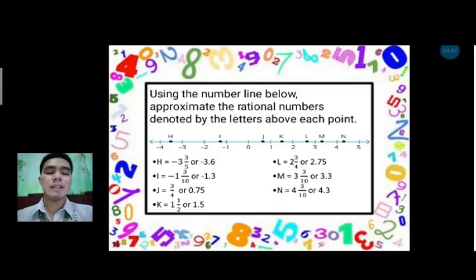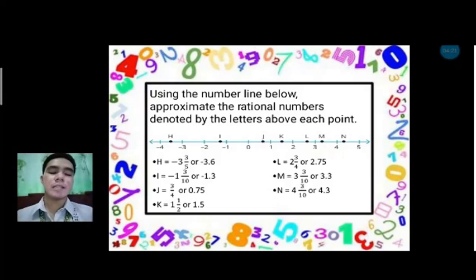Then point L is more than halfway between 2 and 3, so point L is approximately 2.75 or 2 and 3/4 in fraction. Then my point M is 3.3 or 3 and 3 over 10 because that is less than halfway between 3 and 4.